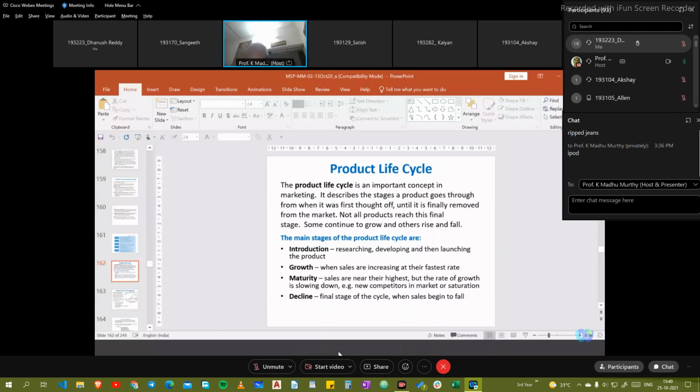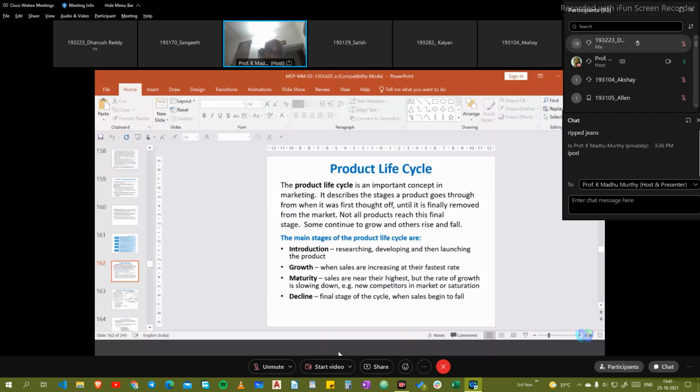Once we reach such saturation, the strategies at each of these stages are going to be different. At some stage, the life of the product is likely to come down. The sales are not going to be as high as before, and it starts drooping.